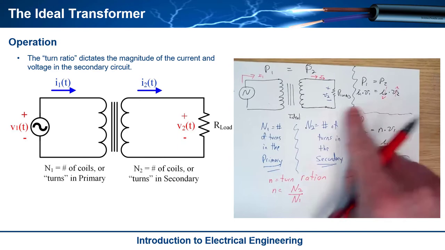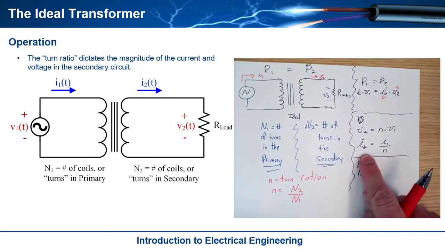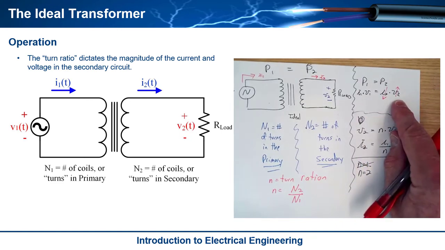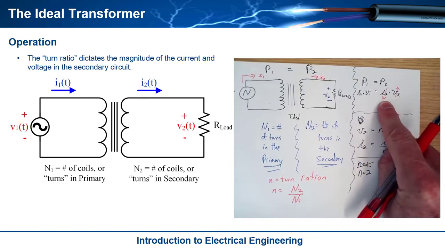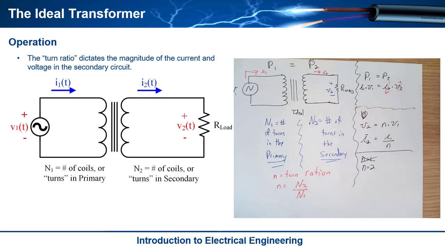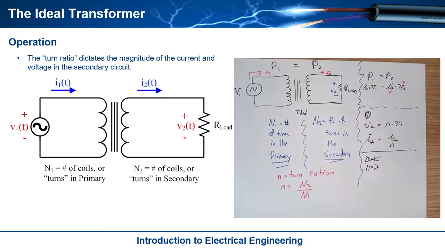And so look at that. I can actually create different turn ratios, and I can say, you know what, instead of sending out like 120 volts, I want to send out like 100,000 volts. But I also have to take the current and go way, way down. And so it turns out that this becomes very advantageous when we look at the AC power grid, because a lot of times what we do is we want to step up the voltage and then step down the voltage.